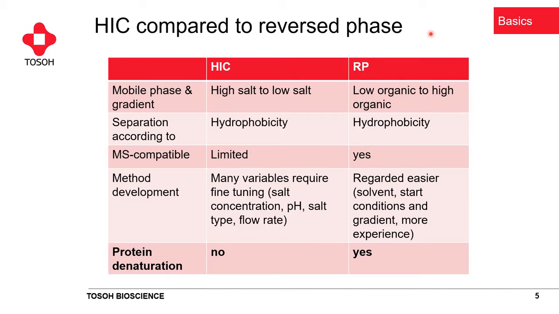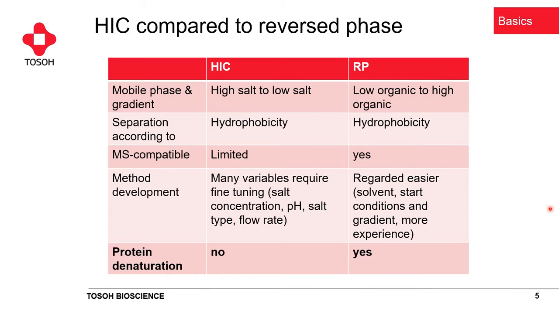Now that we know how hydrophobic interaction chromatography works, one of you might think, but there are two methods that separate molecules by hydrophobicity, so why should I take the hassle of doing HIC when I'm much more familiar with reversed phase, for instance? If we compare both, we see that for HIC we use a salt gradient, whereas we use organic solvents in reversed phase mobile phases.